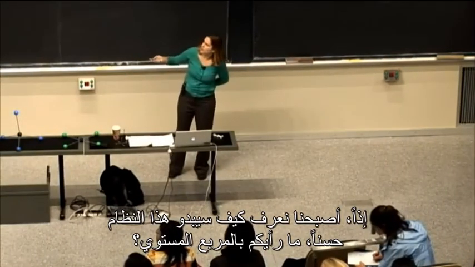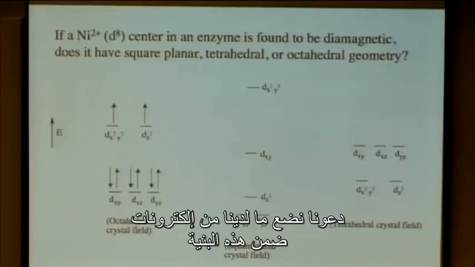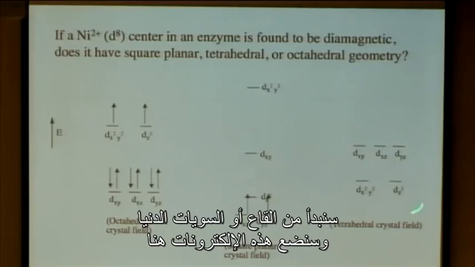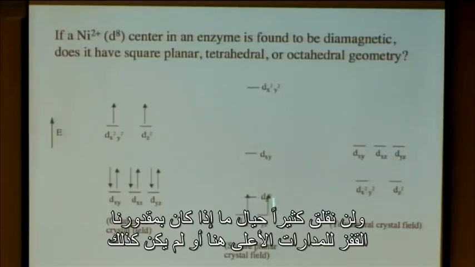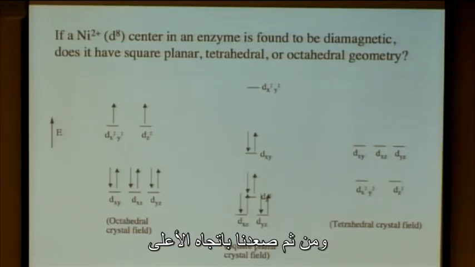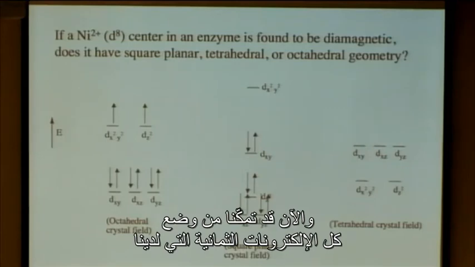Well, what about square planar? So let's put our electrons in there. We'll start at the bottom and just pair them up as we go down here and then go up here. And now we've put in our 8 electrons.